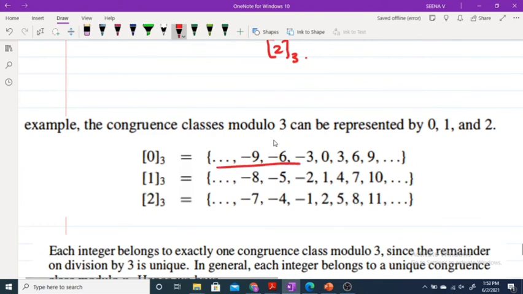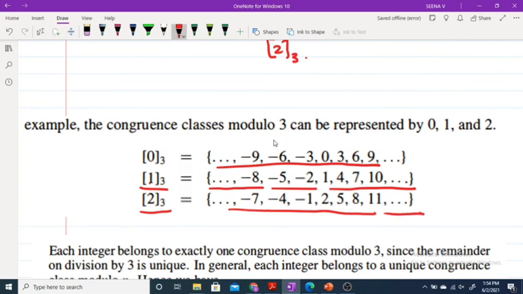And what is the meaning of this one? The remainder obtained when divided by 3 is 1. That means the numbers which when divided by 3 have remainder 1: 1, 4, 7, 10, etc. And the remainder obtained when divided by 3 is 2, the numbers are like this.